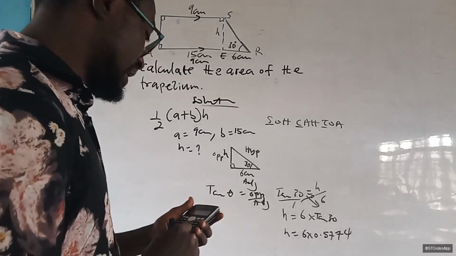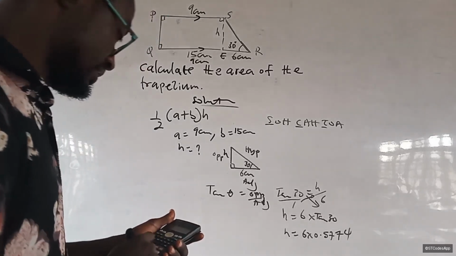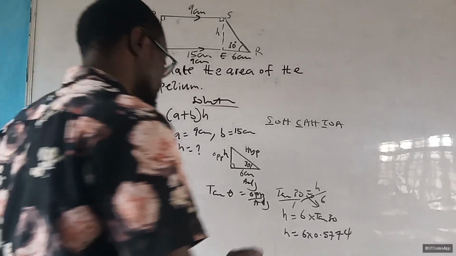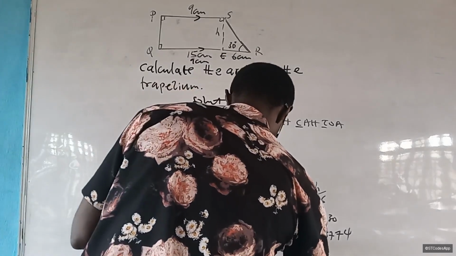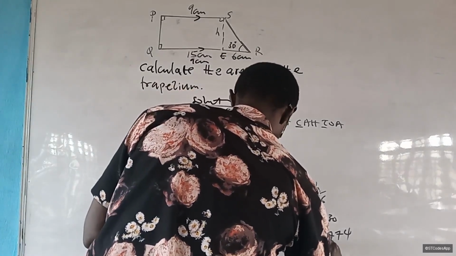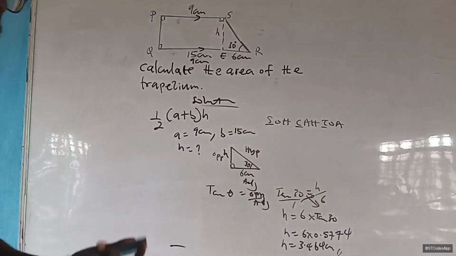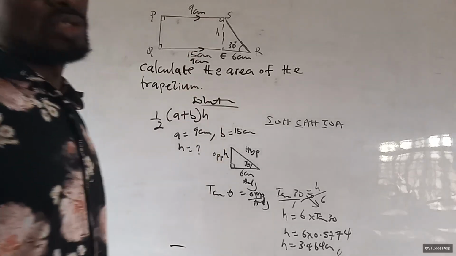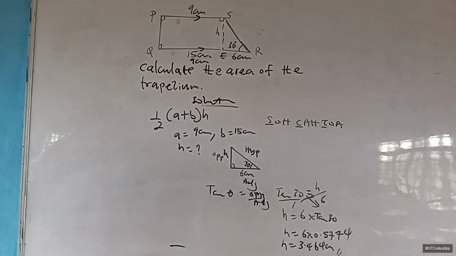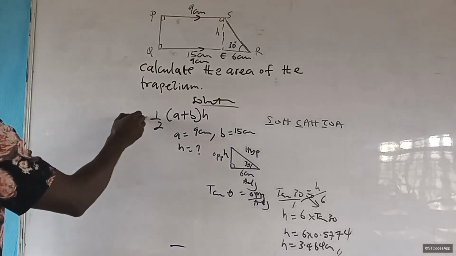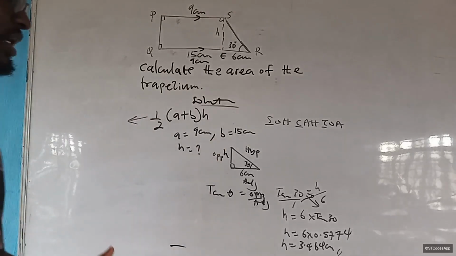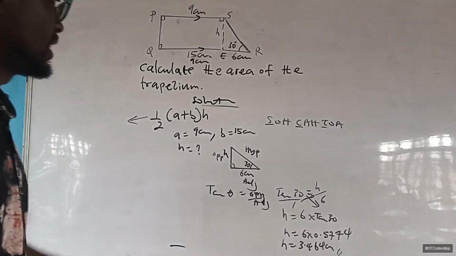So multiplying that by 6, we find that our height is equal to 3.464 centimeters. So that is the height of this very what? Trapezium.